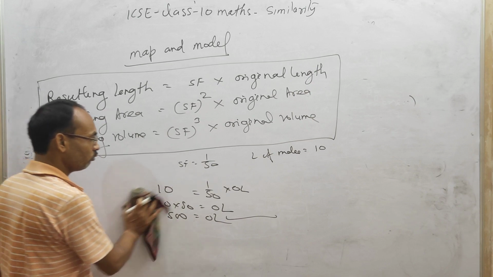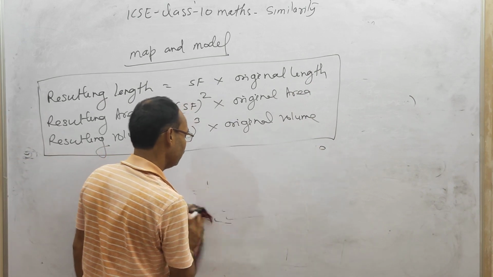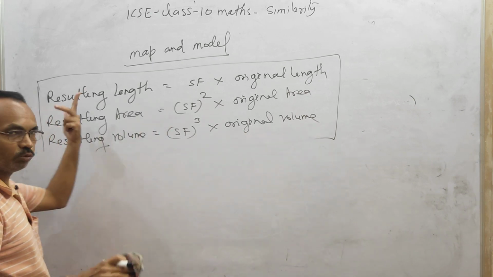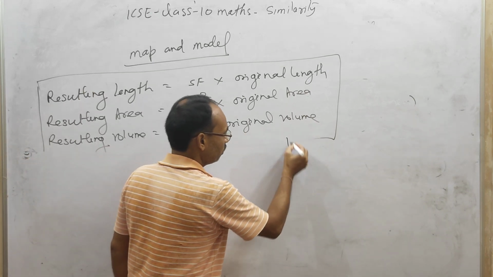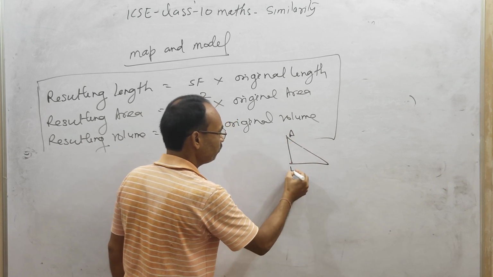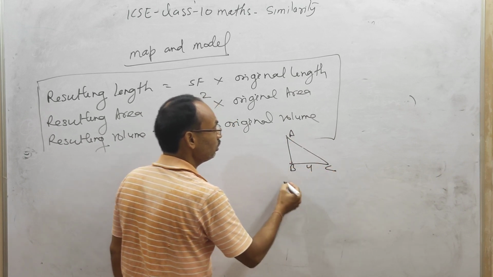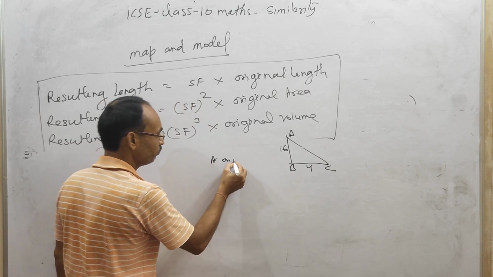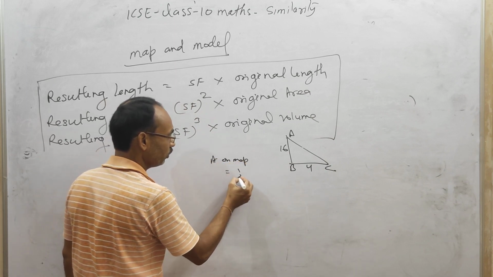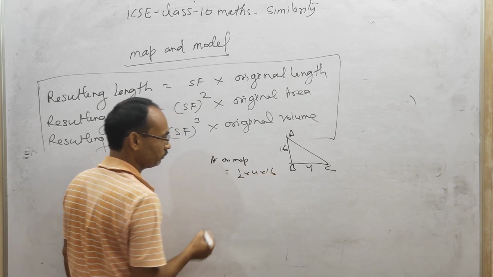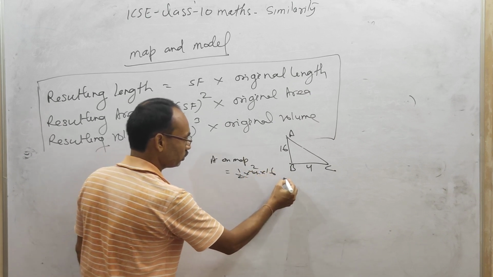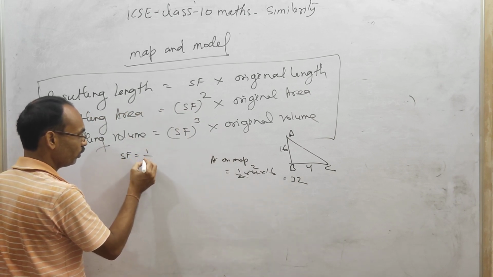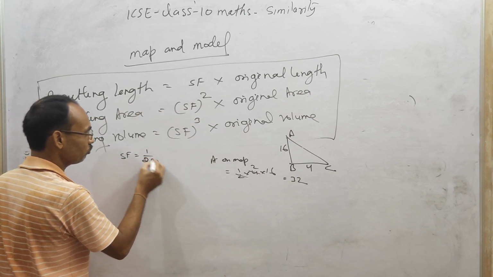You can also calculate the volume and the area of any figure by applying this formula. In the map, this side is 4 and this is 16. The area on the map is 4 into 16, which is 32, and the scale factor is given as 1 upon 20.